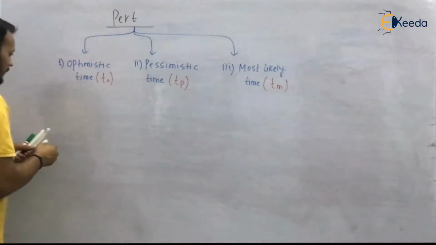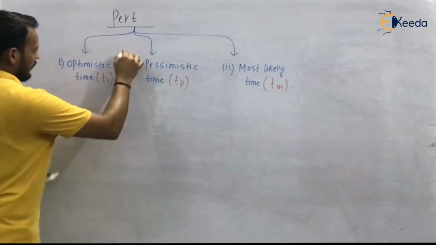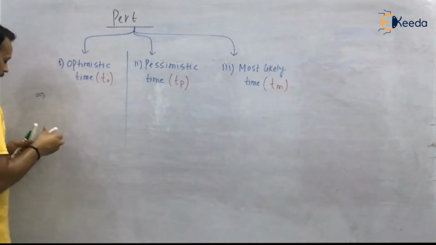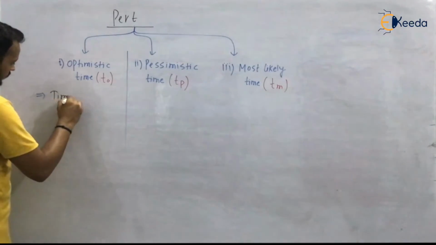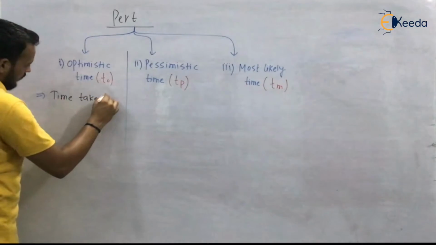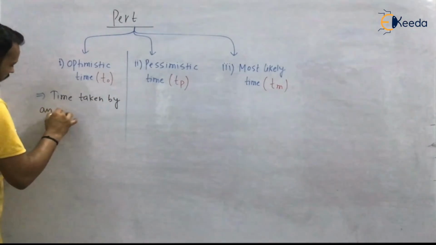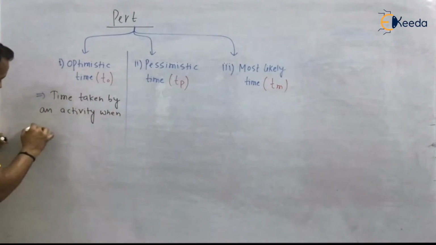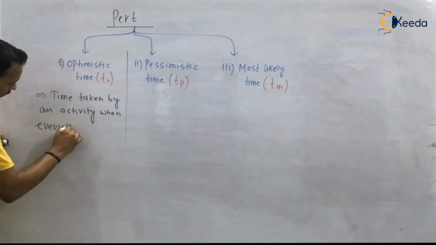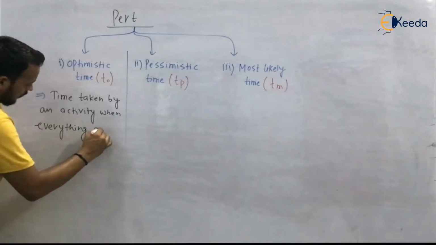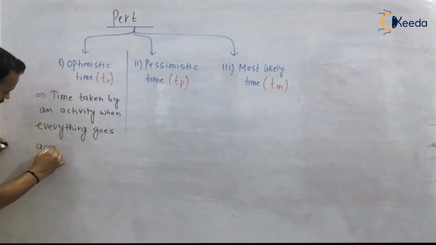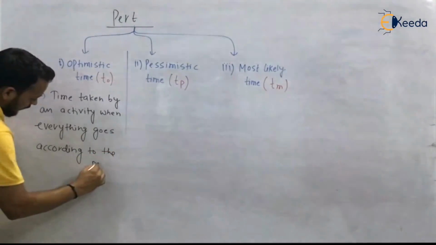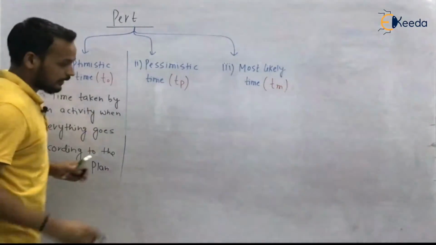So optimistic time is the time taken by an activity when everything goes according to the plan.